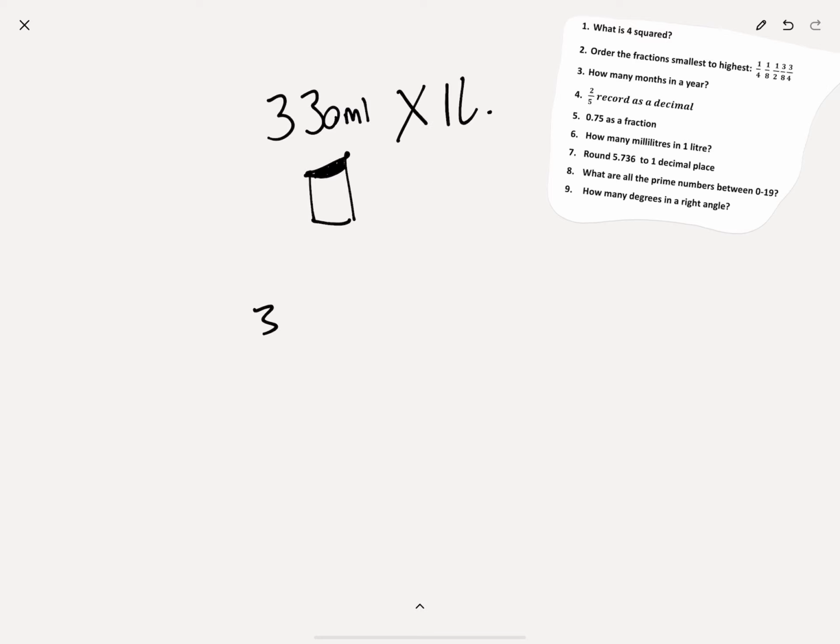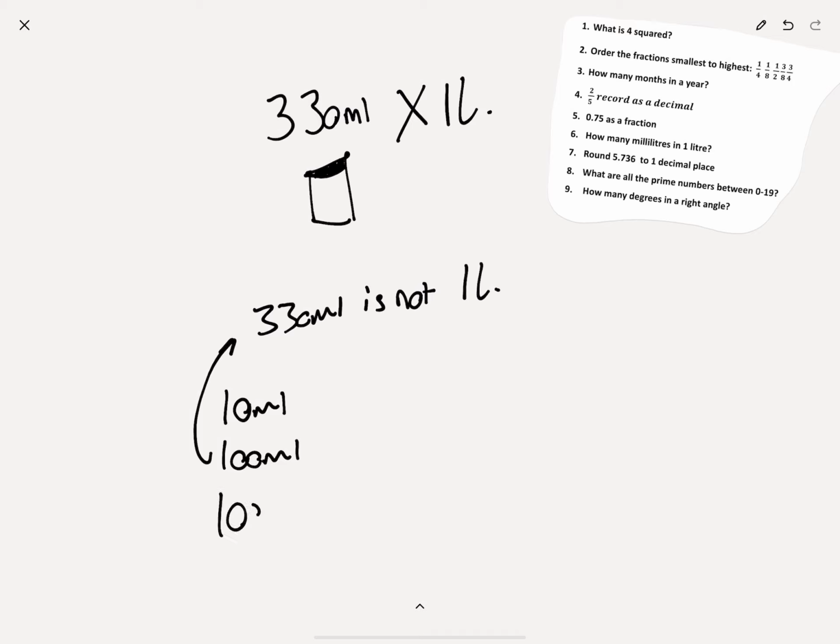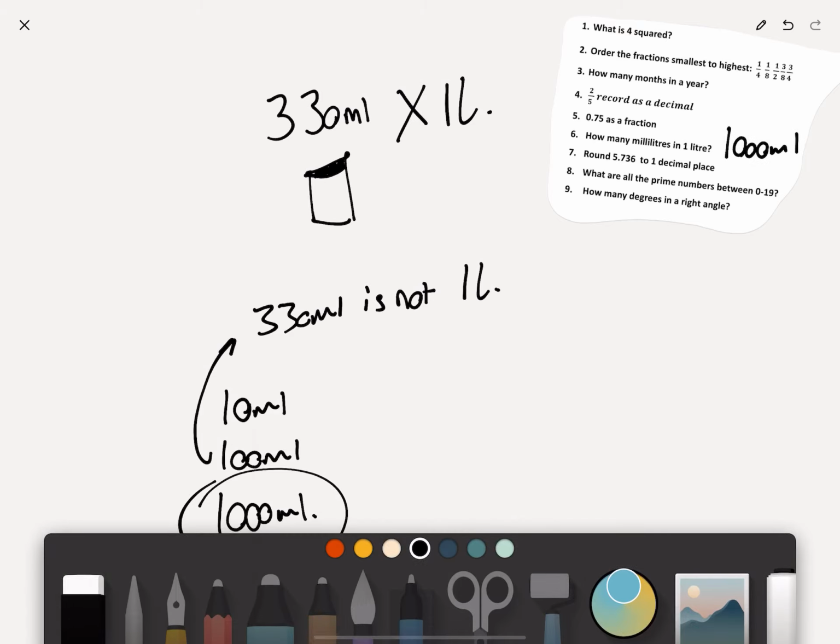So if 330ml is not 1 litre, then it can't be 10 millilitres. It can't be 100 millilitres because you'd have drunk 3 litres by now. So it must be 1,000 millilitres. Okay. So how many millilitres in a litre? 1,000 millilitres.